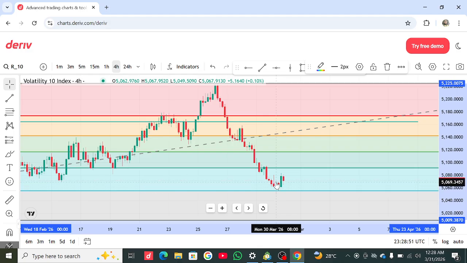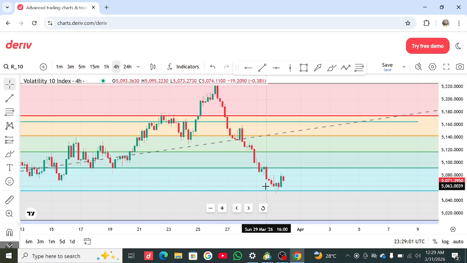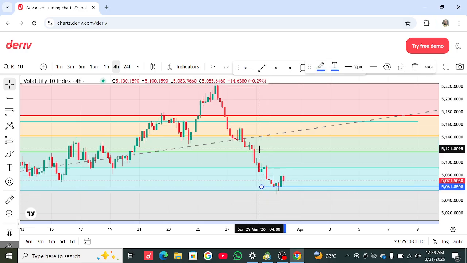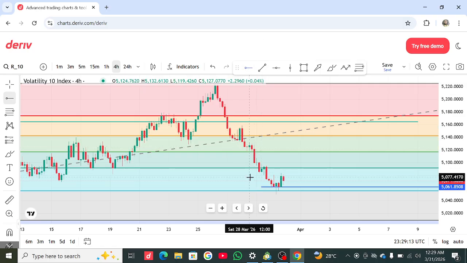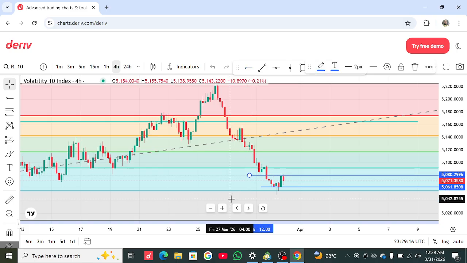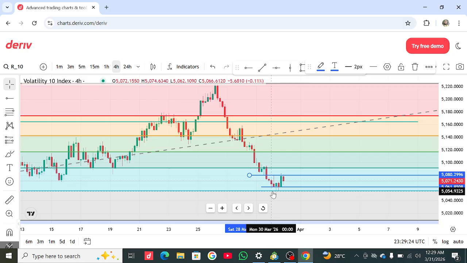On this hammer, we'll bring our horizontal line to identify our candle range, the candle range low and candle range high. Having done this, since we identified this on the 4-hour time frame, we'll go down to the 15-minute time frame.